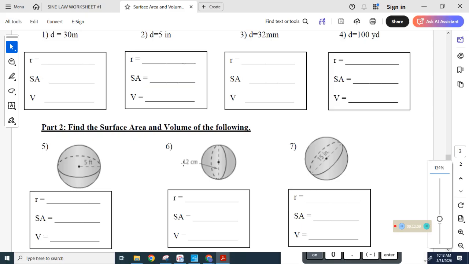Number 6, that diameter is 12. So I'd write that down right quick so you could be able to get that all figured out.